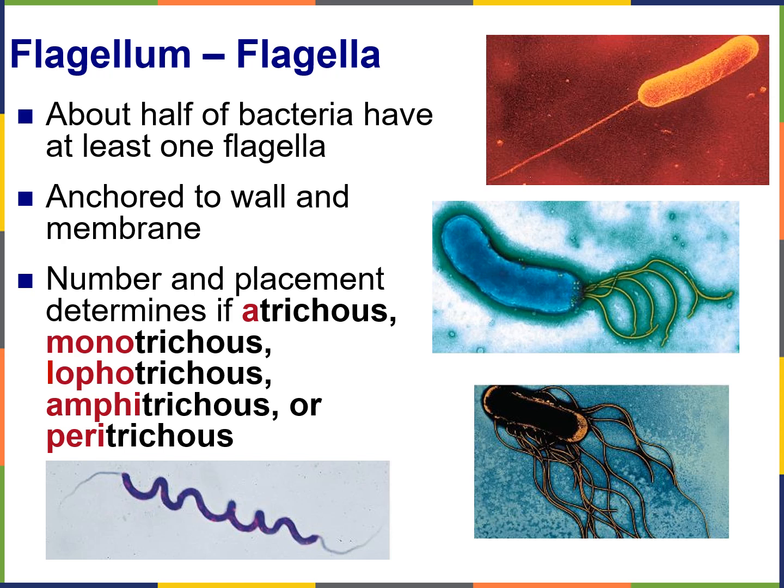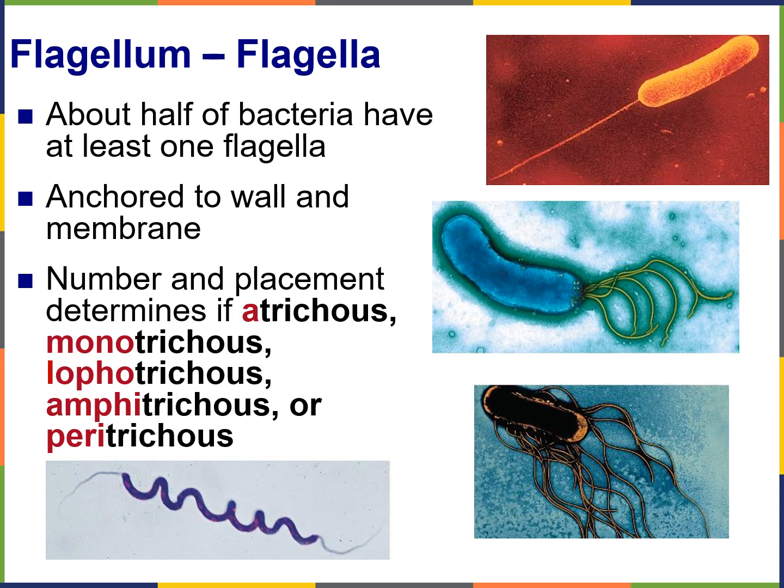So if you have a bacteria cell that does not have any flagella, it is called atrichous. The next one, monotrichous. Well, mono means one, so monotrichous means one hair or one flagella. The picture in the top right corner is a bacillus cell with one flagella, so it is monotrichous.